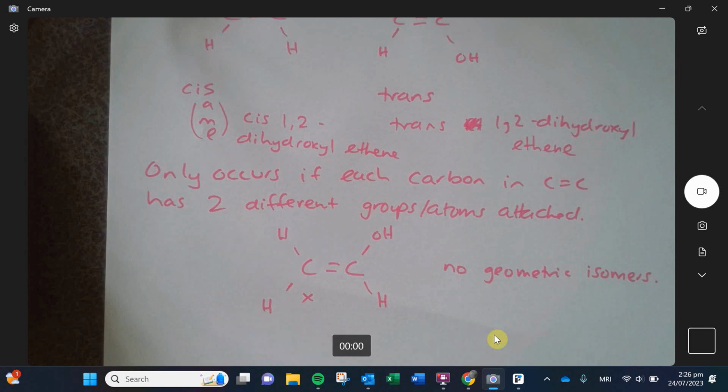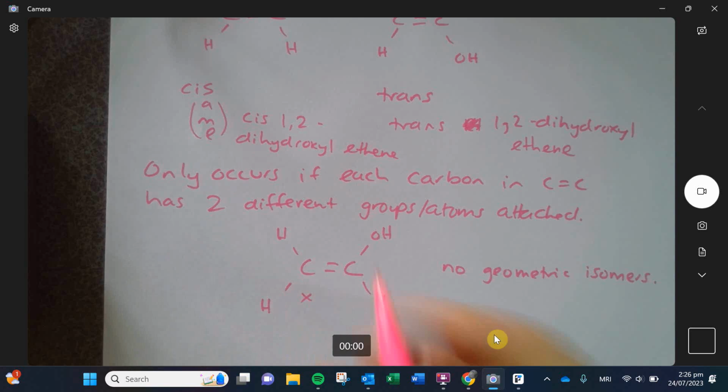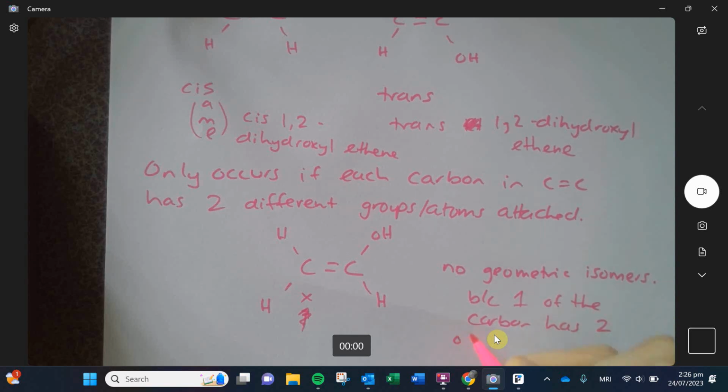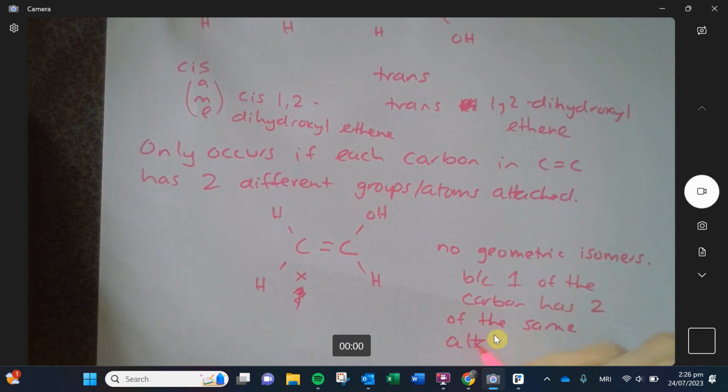X is showing that this guy here cannot form cis-trans isomers because you see how this carbon has two of the same thing, two hydrogens. Two of the same attachment.